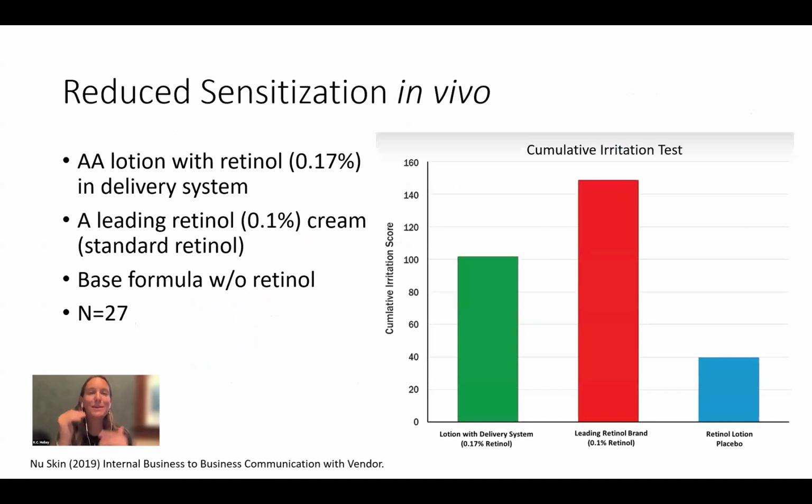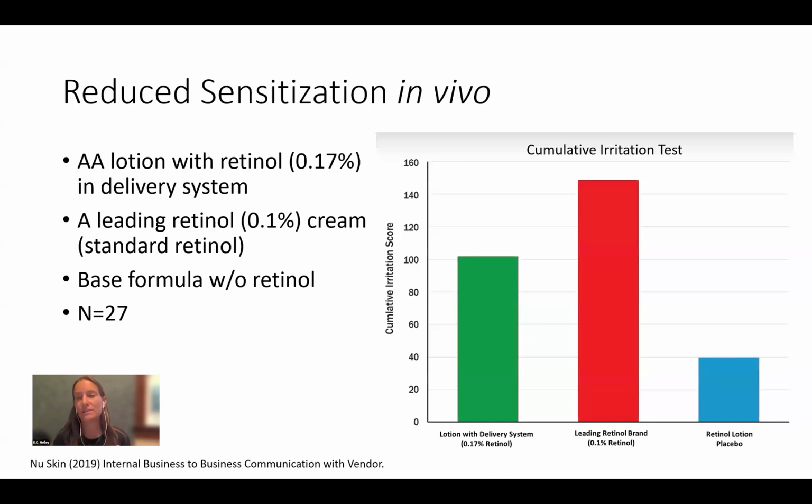So then the next part is we're looking at the overall sensitization of it in vivo. So an anti-aging lotion with this retinol system was developed, and an anti-aging lotion with the standard retinol was developed. And you can see this here. And what they looked at was the cumulative irritation score.